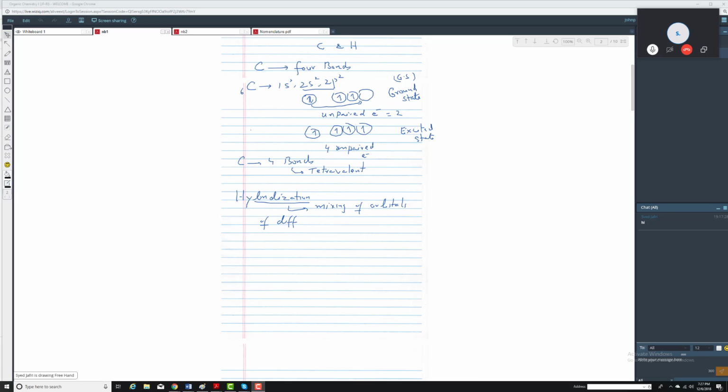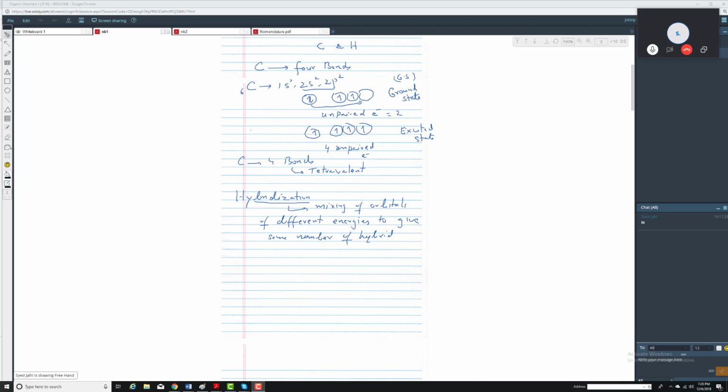Now we have 4 unpaired electrons, including the 2s, to give the same number of hybrid orbitals, for 4 covalent bonds.